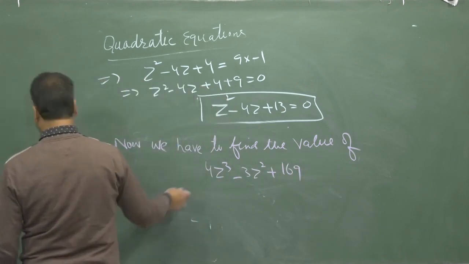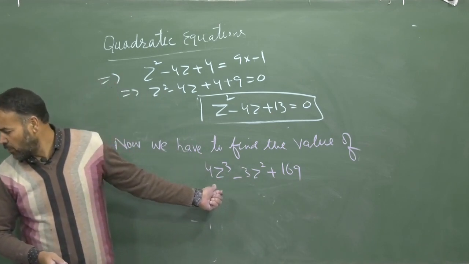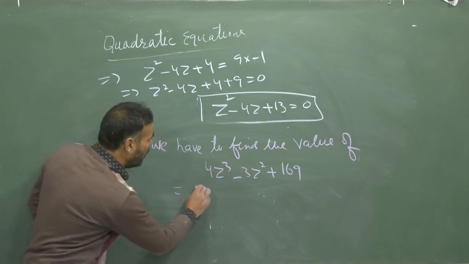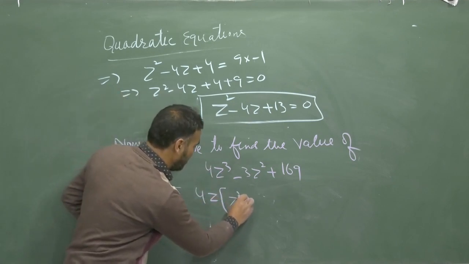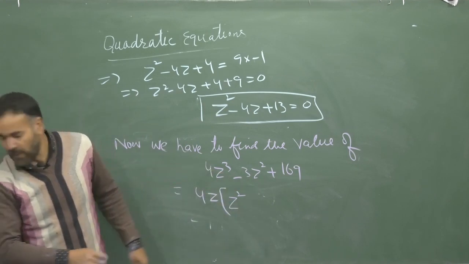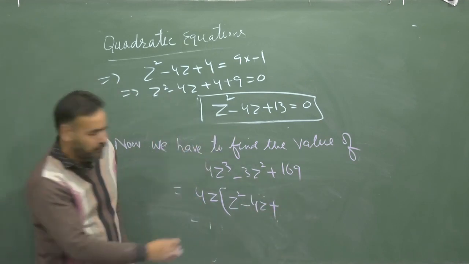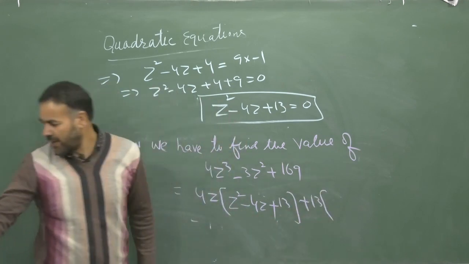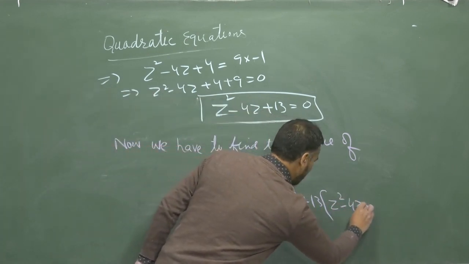What we can do is take 4z as a common factor. When it is 4z cube minus 3z square plus 169, we can write 4z and take z square as a common factor here. 4z into z square will be 4z cube. Then it is minus 4z plus 13, and plus 13 you can take again as a common factor. Then you can write z square minus 4z plus 13.